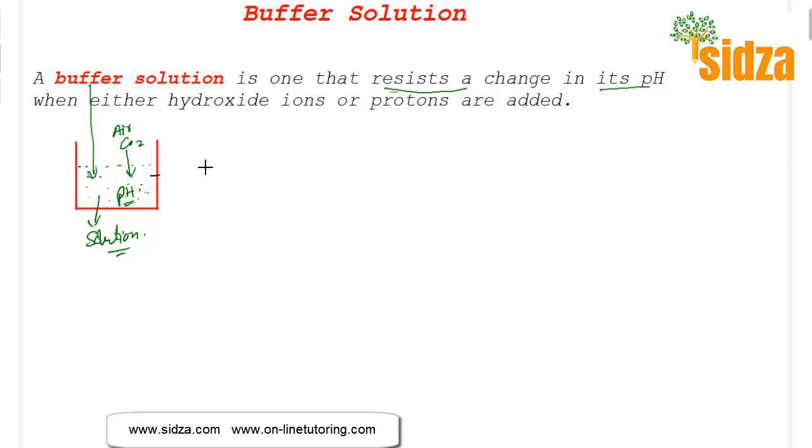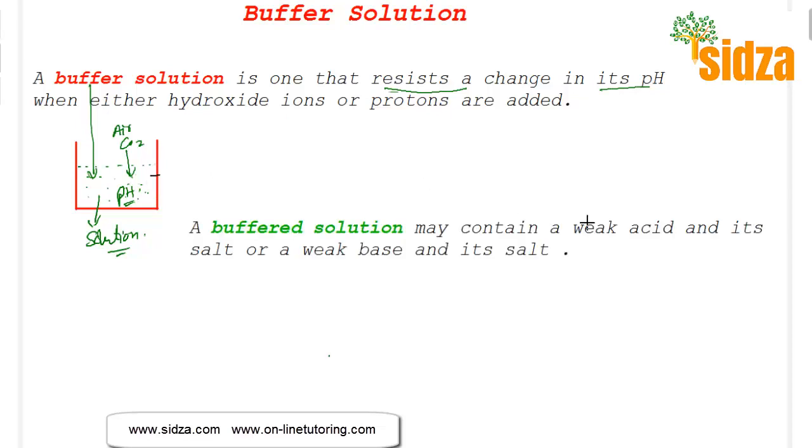And what is a buffer solution? A buffer solution is generally a mixture of a weak acid and its salt, or a weak base and its salt. For example, a weak acid, acetic acid, CH3COOH, and its salt with a strong base, sodium acetate, CH3COONa. This mixture can act as a buffer solution.